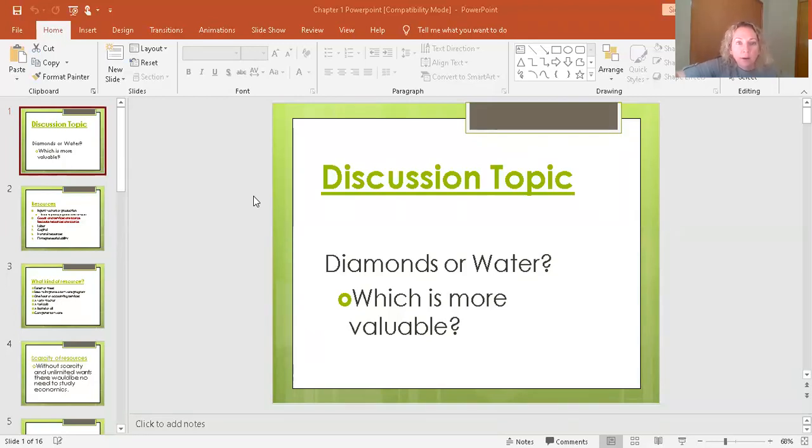So the first thing that we're going to do today is have a short discussion just to get us thinking about different aspects of economics and economic thinking. And it's this discussion question right here. My question to you is, and I actually want you to put your answer and perhaps a one-sentence justification for your answer in the comment box: which is more valuable, diamonds or water?